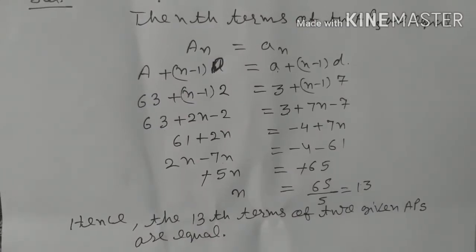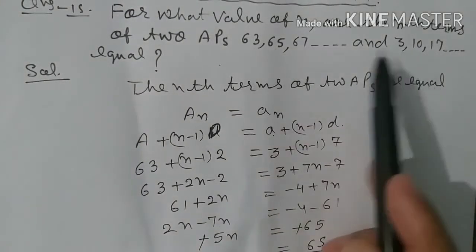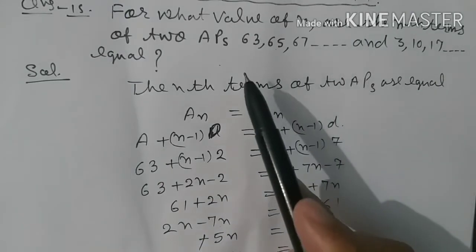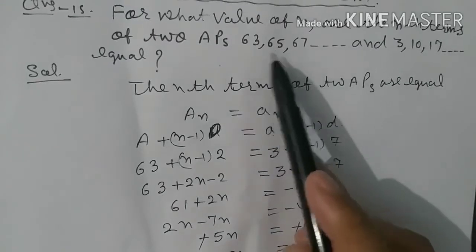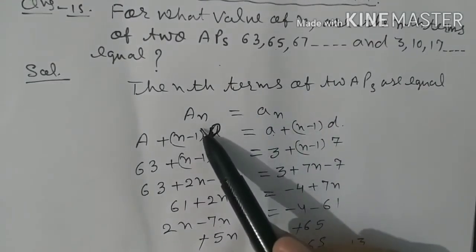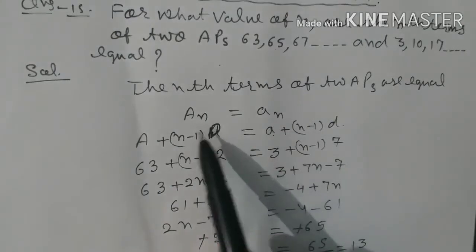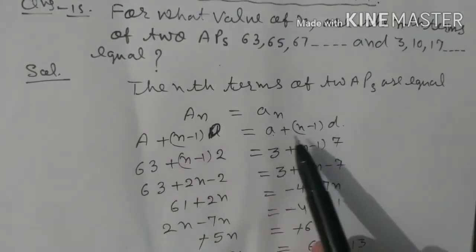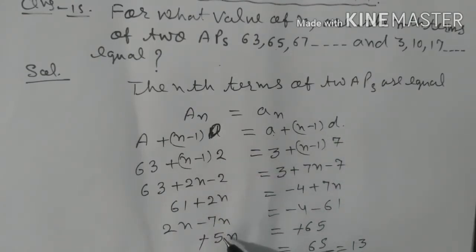Now again two APs are given to you whose nth terms we have to find which are equal. It means let the first series be capital An and the second an. Now An is a plus n minus 1 into d, an is a plus n minus 1 into d. Then you can solve this.